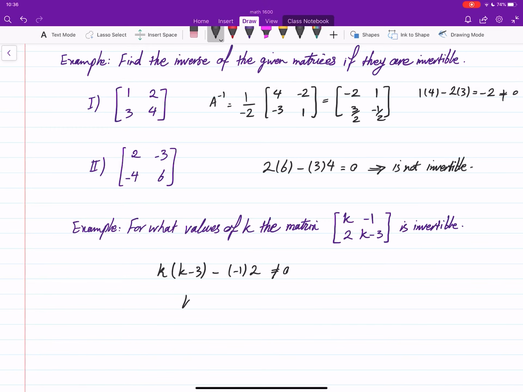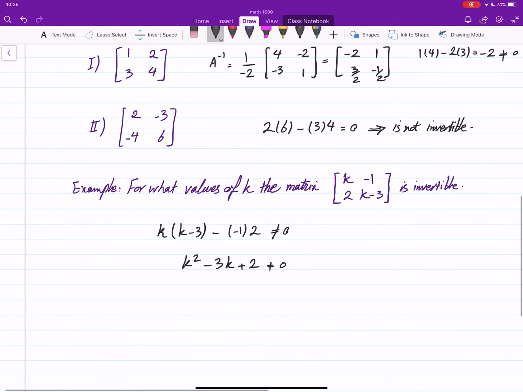That means that k squared minus 3k plus 2 is non-zero. Being non-zero means you are not equal to 0. So if you find the zeros and exclude those, this will give you the values of k for which the matrix is invertible.